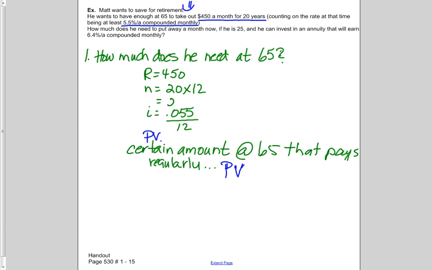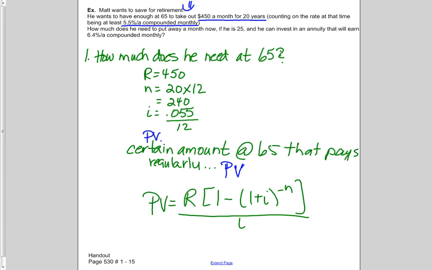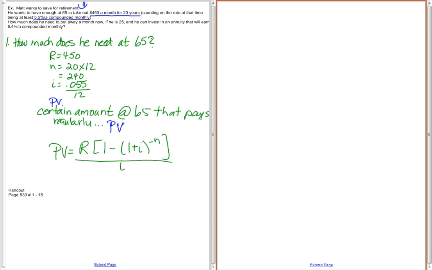Okay, our N is 240. So present value is... I just always write that formula down. Regular payments, he wants $450.